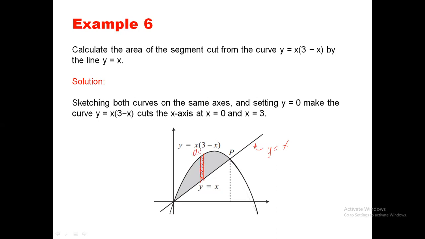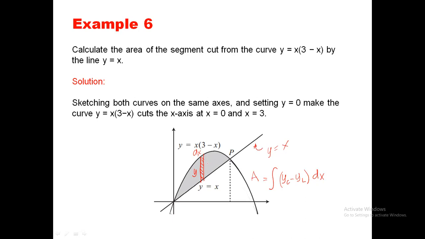This is your dx and this is your y. So your y here, if I'm going to write the integral, will be the y of the curve minus the y of the line x. That would be the area that is shaded in green.